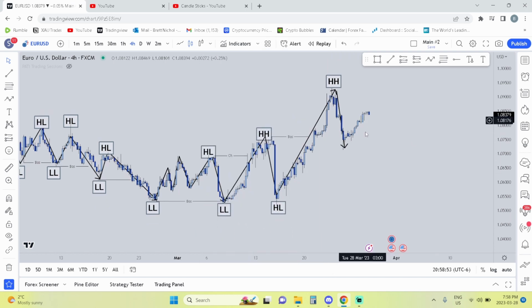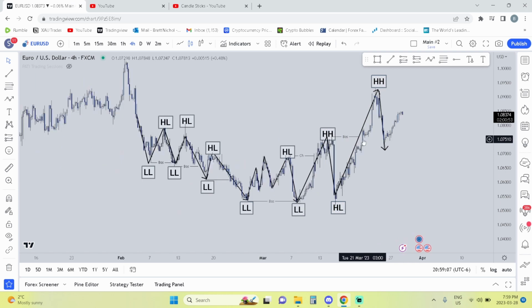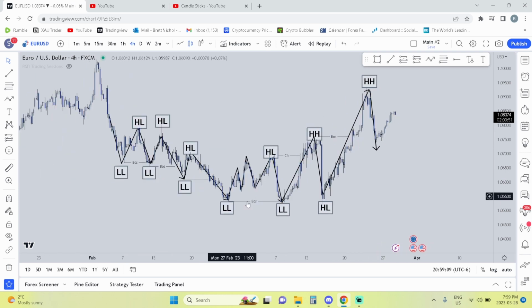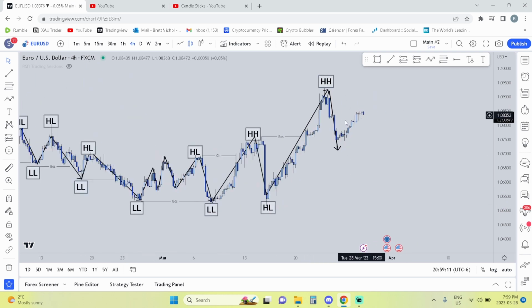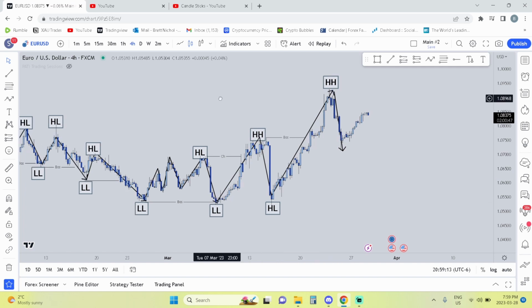So essentially, price could make a correction all the way down to this point before we look for sells again. So until it does, we're always looking for some type of buy setup, because our overall view went from sells into buys. So we're looking for buys in this scenario.